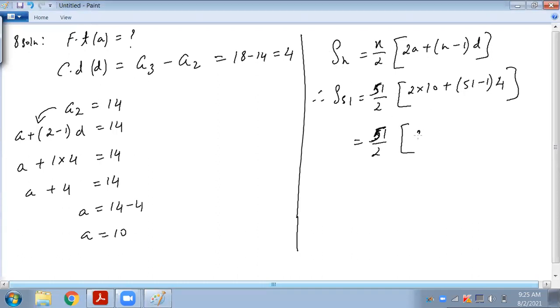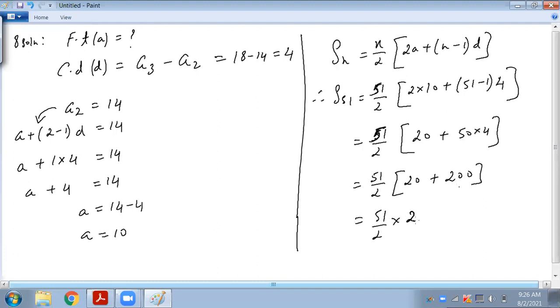So the bracket is 20 plus 50 into 4. 5 fours are 20 and 0, so 200, and 200 plus 20 is 220.